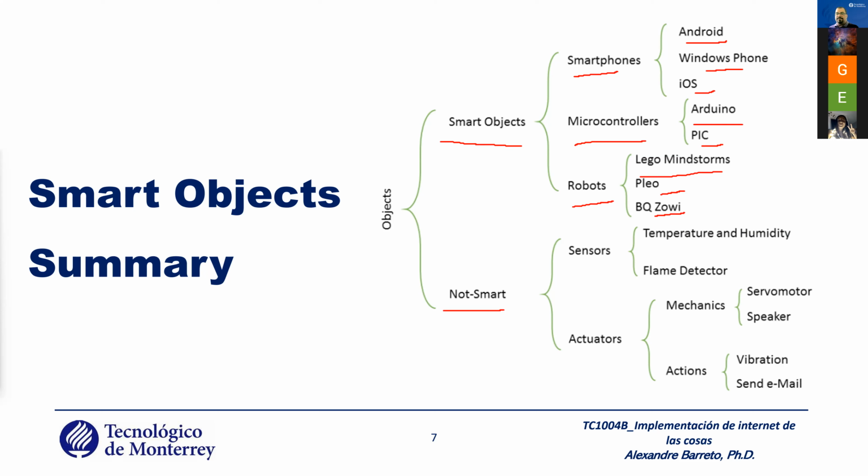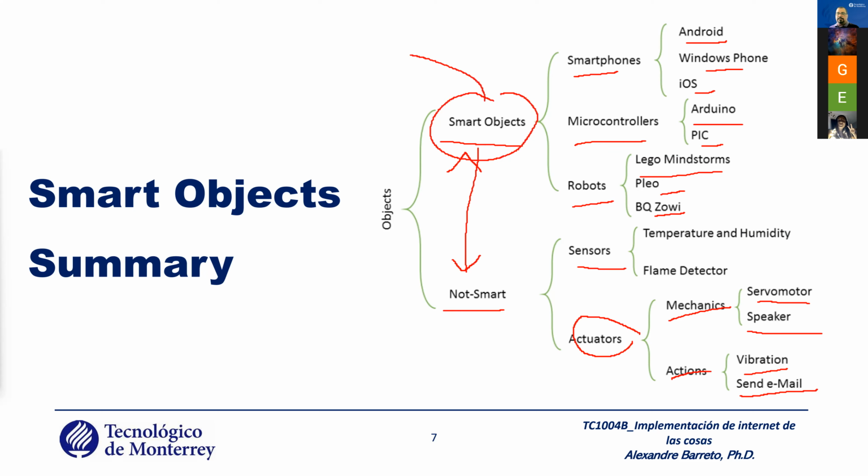The not smart are sensors like temperature, humidity, flame detector, and you have actuators, mechanics, and actions. Servo motor, speaker, vibration, send mail are examples of actuators. But to identify the difference between smart and not smart, a smart object can interact with other objects and people.